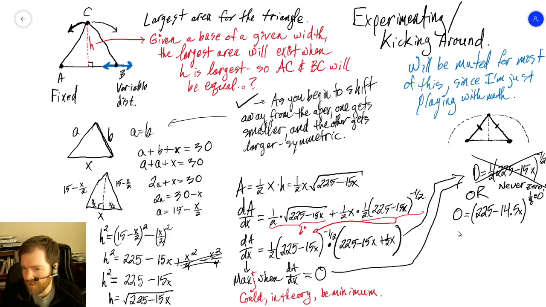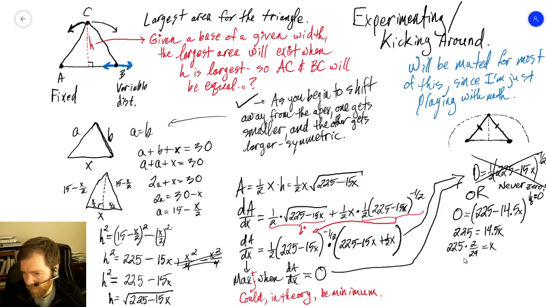So that's going to be 225 set equal to 14.5x. So that's going to be 29 halves. So if we multiply 225 by 2/29, that's going to be our x value.